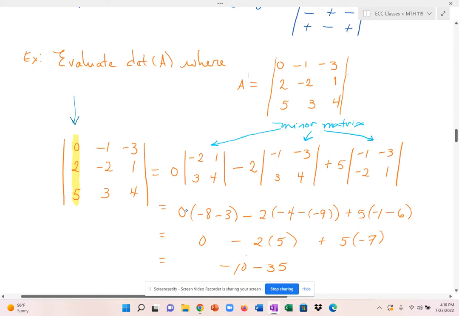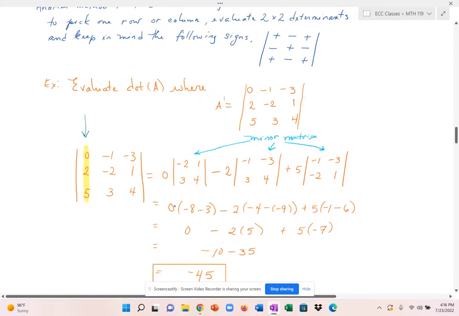So the 0 is in a positive position. Okay, so that means this is going to be plus whatever I write immediately to the right. So it's going to be 0 times the minor matrix that's left when you cross out the row and column associated with the 0.